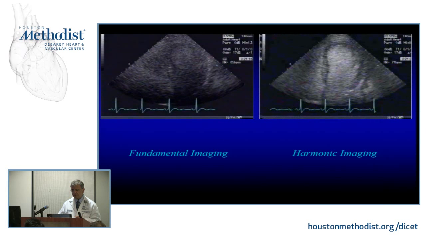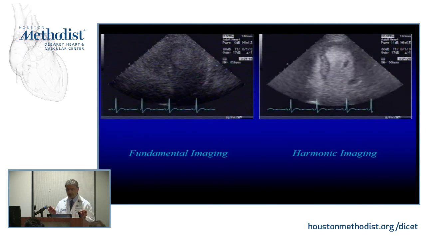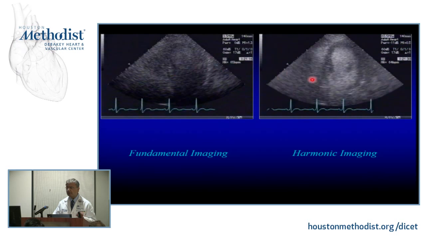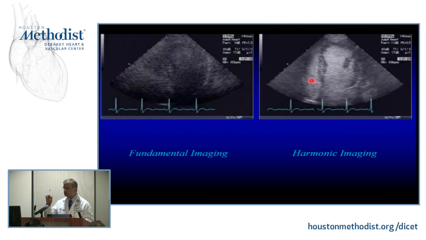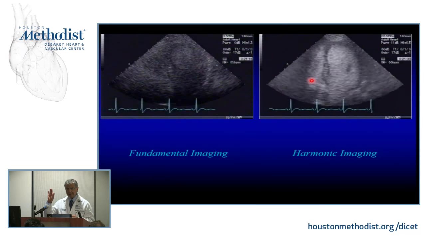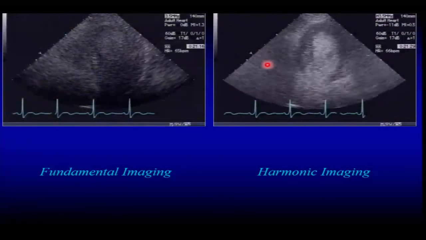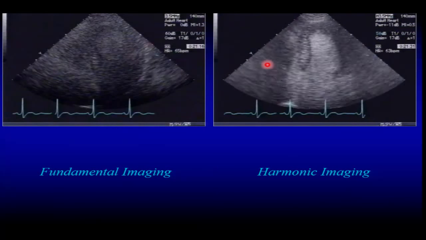Now, I just wanted to show you here basically the difference, okay? This is the same patient. I show that all the time. The same patient within just a second apart, switching from fundamental imaging to harmonic imaging, okay? Same patient, same contrast, same everything.